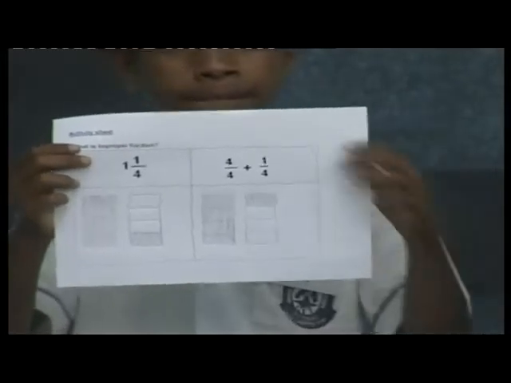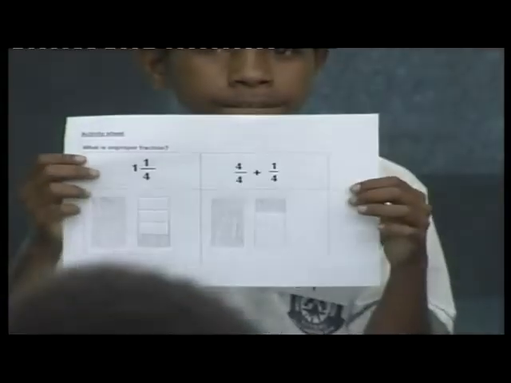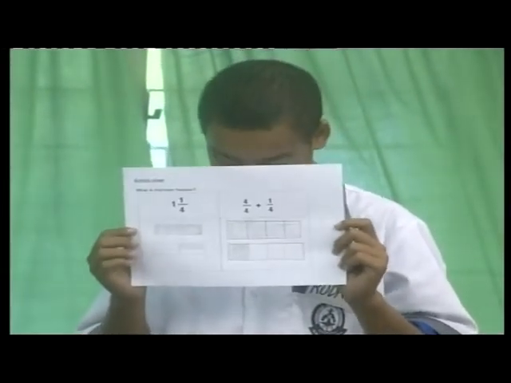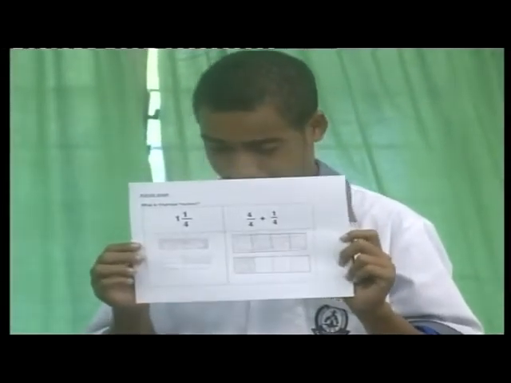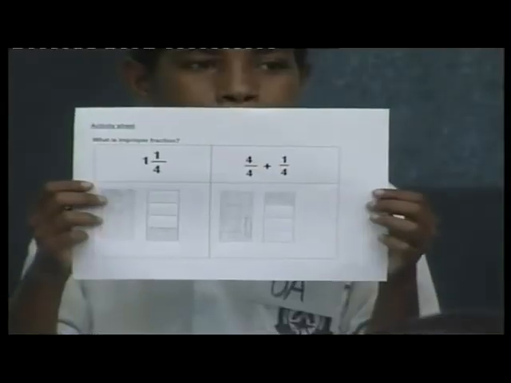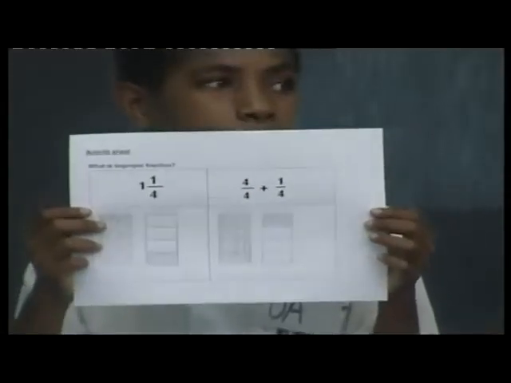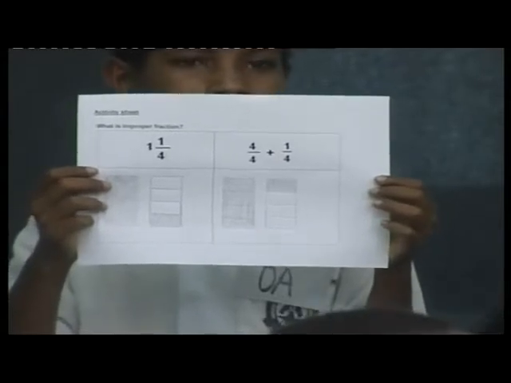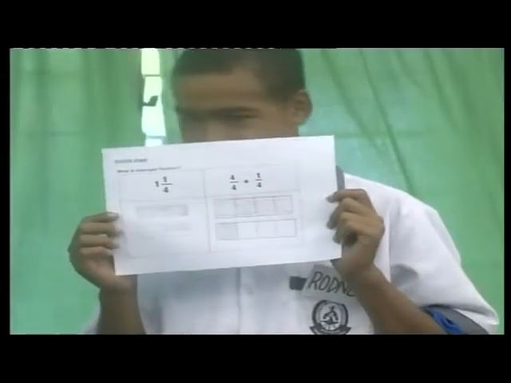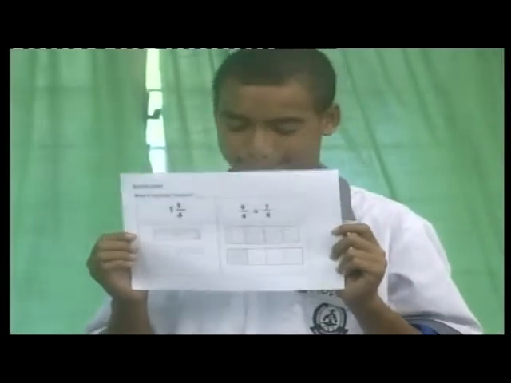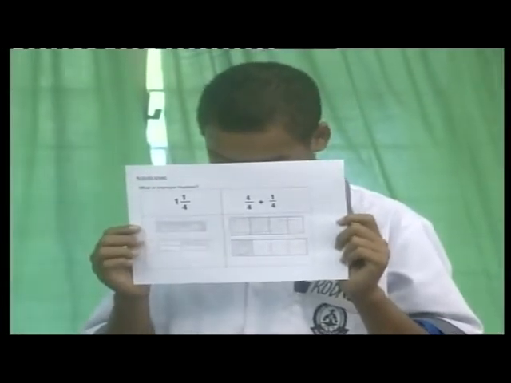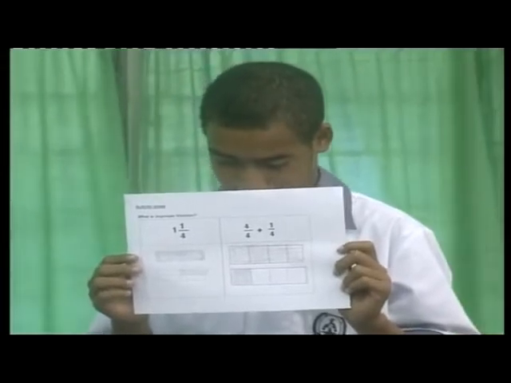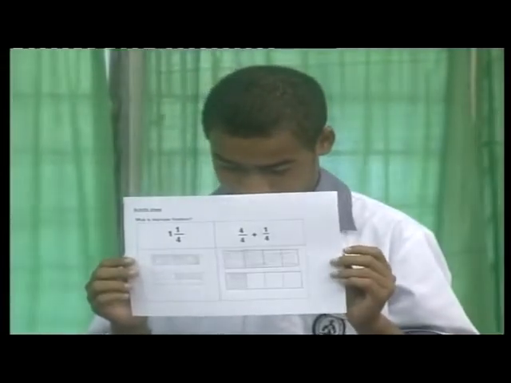Rodney's group has decided to draw their rectangles horizontal, which is across. Now, are they correct with their diagram? Students, do they have 4 over 4 divided in the diagram correctly?